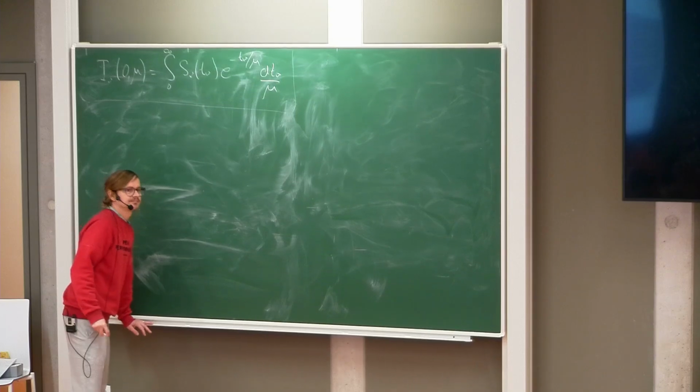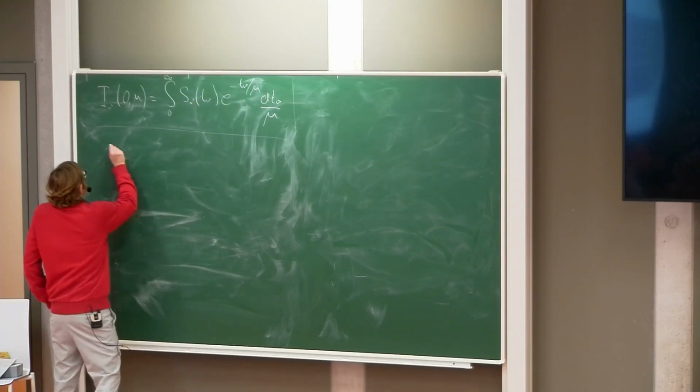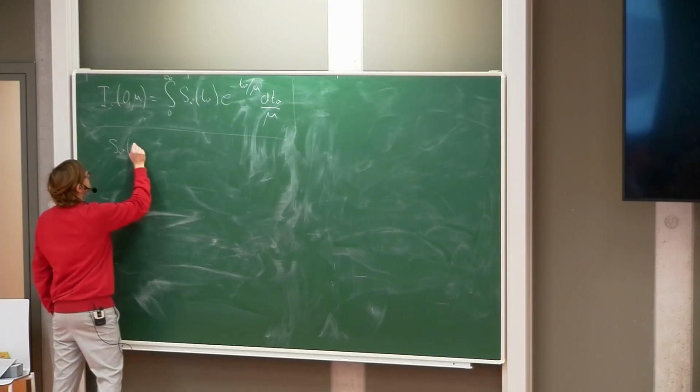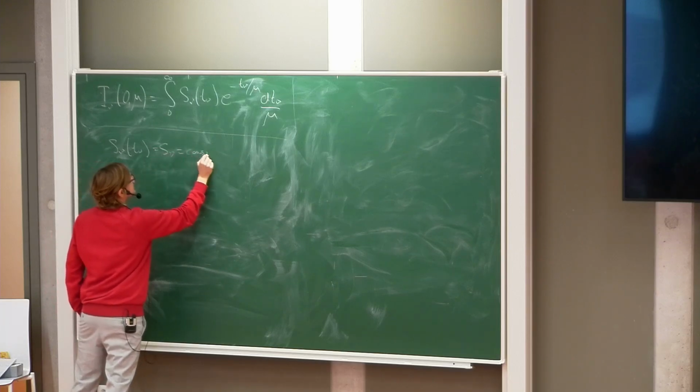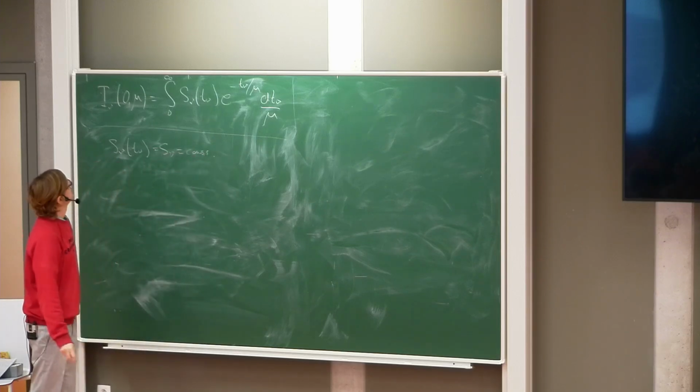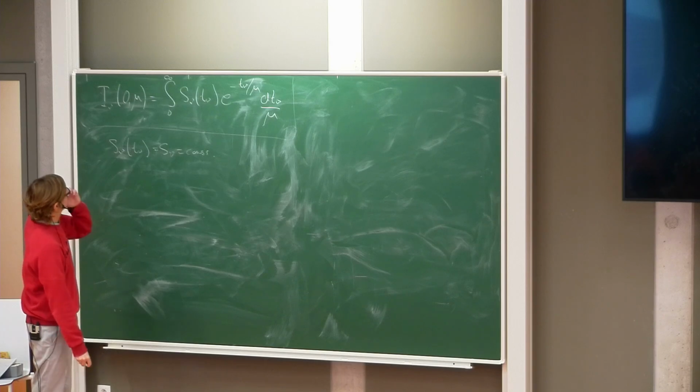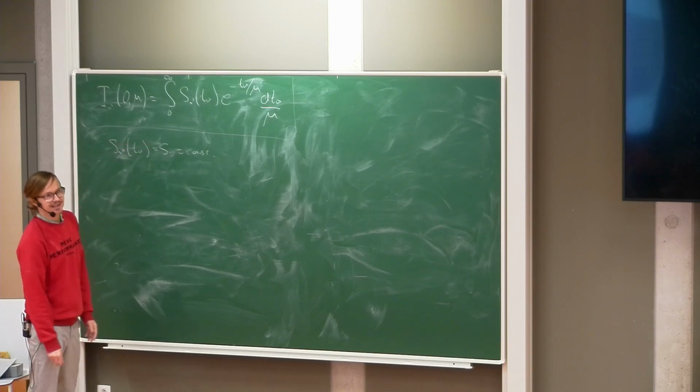First, like we had before, let's assume now that S_nu of tau_nu is actually just S_nu, a constant, okay? Well, then this is not such a difficult integral, hopefully.